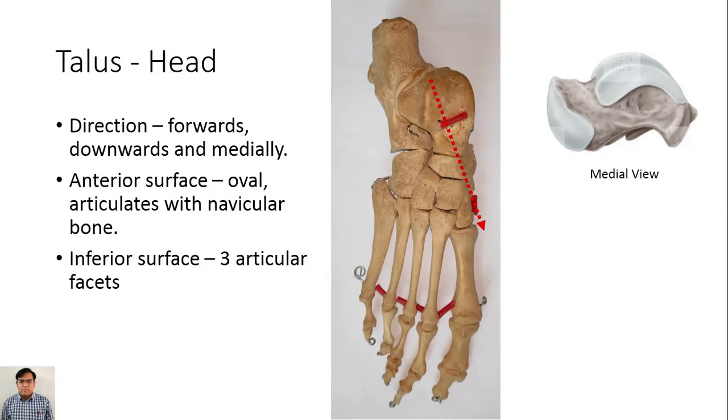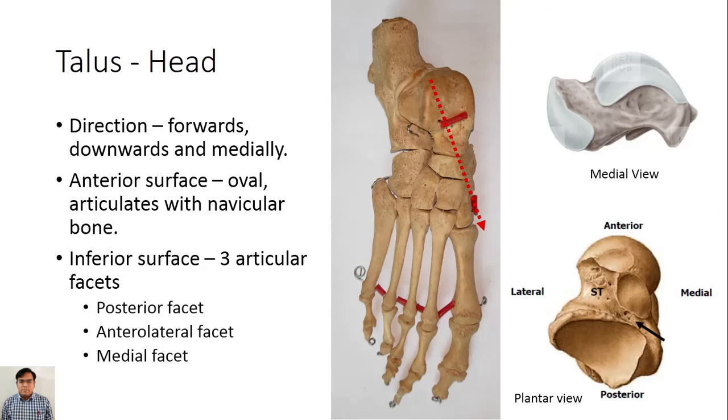Inferior surface is having three articular facets: posterior facet, anterolateral facet and medial facet. So this is plantar view or inferior view, and here you can see this is posterior facet which is concave, and this articulates with posterior facet of calcaneum.